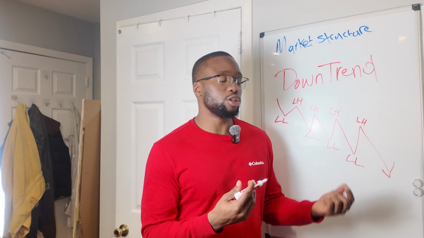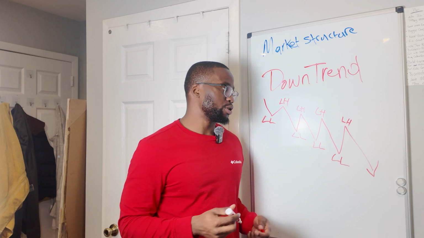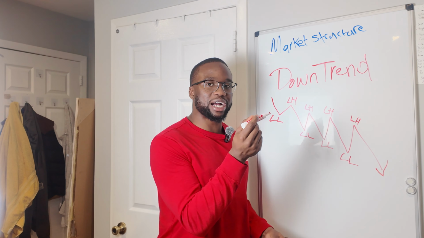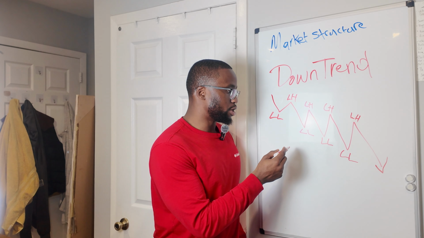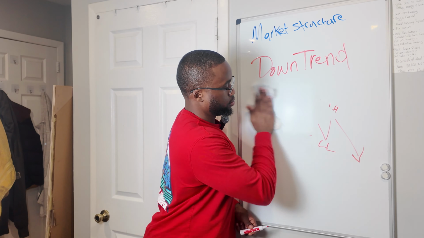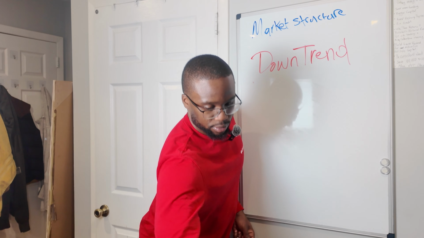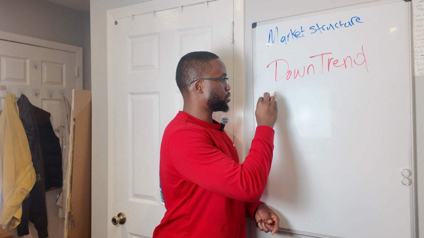You'll never look at the charts and price will be this perfect, where you're just having lower lows and lower highs. More times than not, you'll have a chart that looks something like this. The chart moves something like, it makes a low.